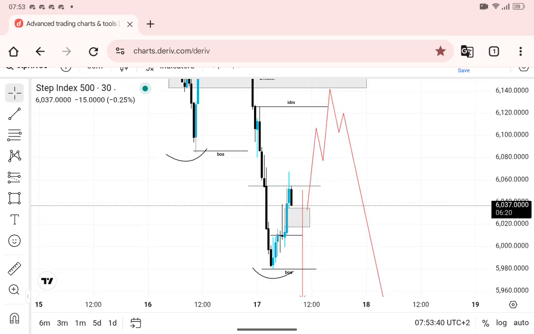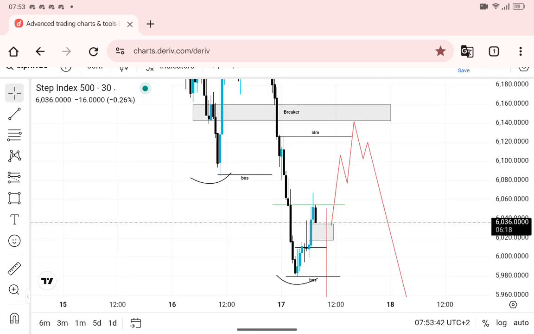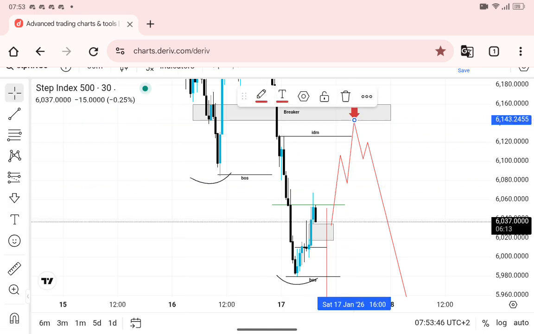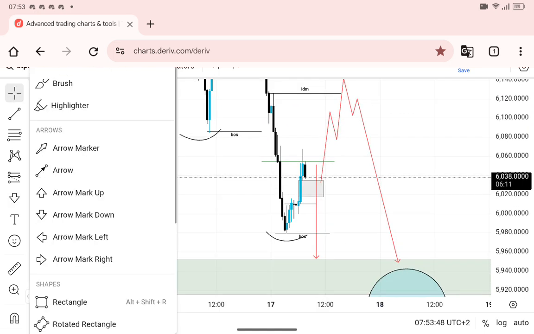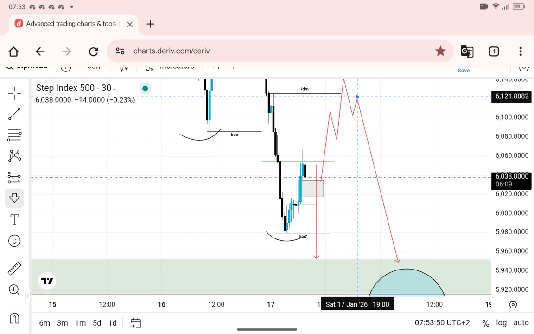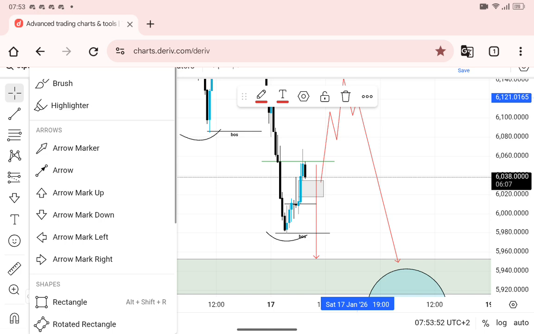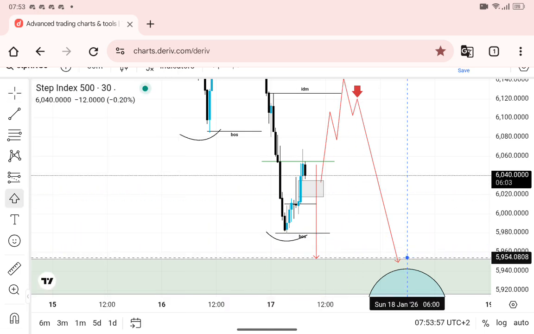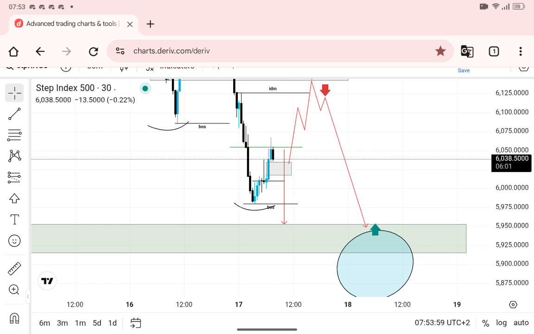But focus on the bigger picture, man. The bigger picture is those sells there, and maybe the second ones after confirmation. Then yeah, the bigger picture will be those buys there.